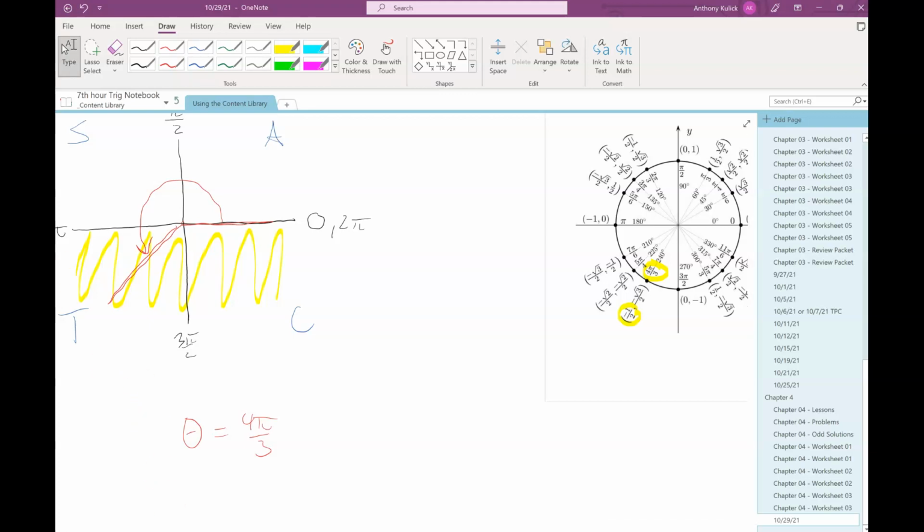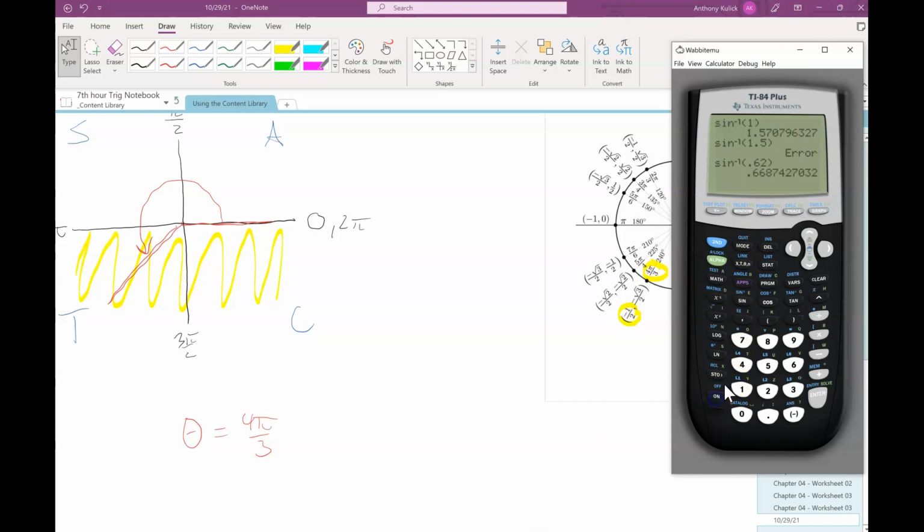And just FYI, you can always check these, right? If I do cosine of 4 pi over 3, I'm going to get back -1/2. And if I check and look at the decimal, 4 pi over 3 has to be between pi and 2 pi. So there's pi.